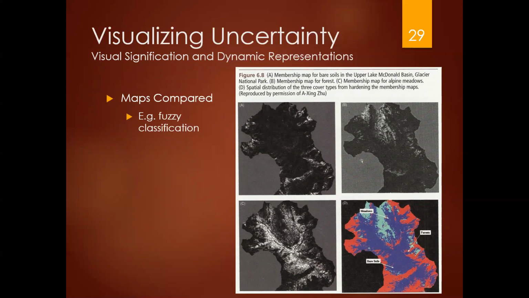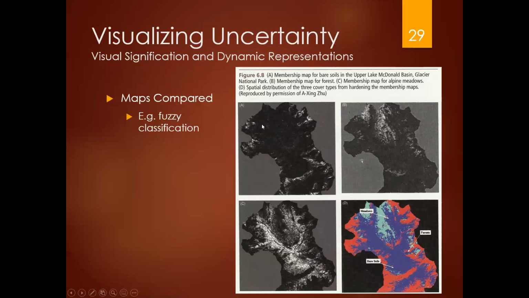Okay, that was my mistake. If a pixel has a very bright color, it means that the membership value for soil is pretty high for that pixel. If a pixel is pretty dark, like all those pixels in the center, it means that the membership value for them is pretty low. That membership value is for soil.